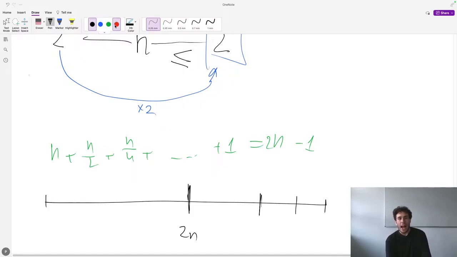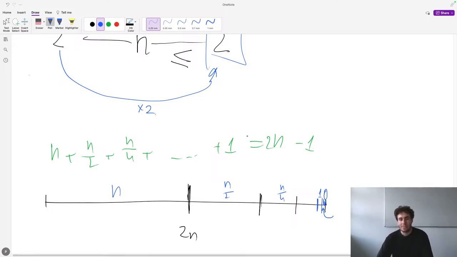So here, half of 2n is n, so now we're left with n, then n over 2 is half of the rest, n over 4 is half of the rest, and so on, and at the end we have 1, which is half of the rest. So the only thing that we didn't take is 1. So we took everything from this segment of length 2n, except for a single element 1.